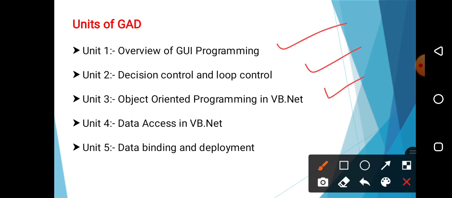Your Unit 4 is about how to access the data in VB.NET. And last but not least, the fifth chapter is data binding and deployment. So, by learning all these chapters, you are going to learn about VB.NET programming.